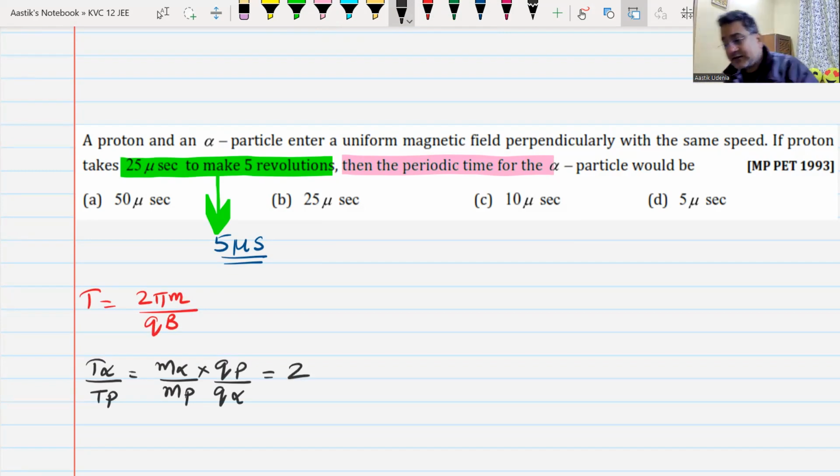So the time periods are in the ratio 2:1. The time period of the proton is 5, so the time period of alpha particle has to be 10. Do we understand this? Yes, sir. Or has it gone above our head, saying bye bye?